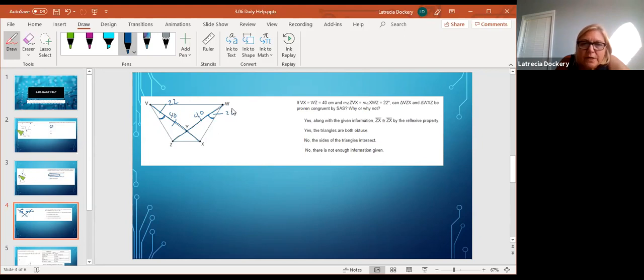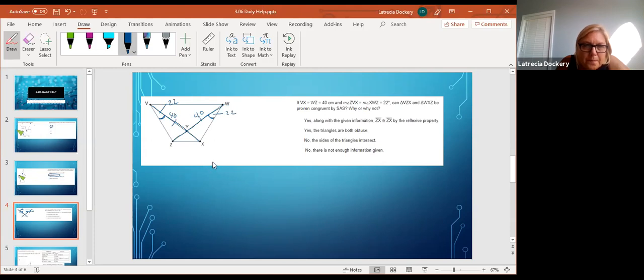If we look carefully, we have no indication whatsoever. Do we have any kind of indication that XW and ZV are congruent?